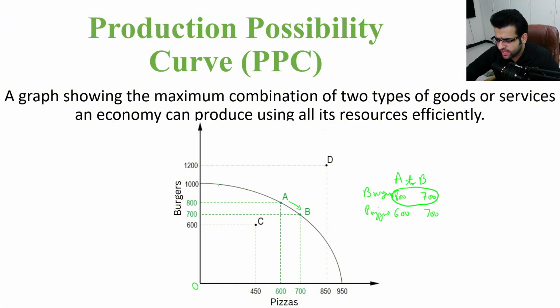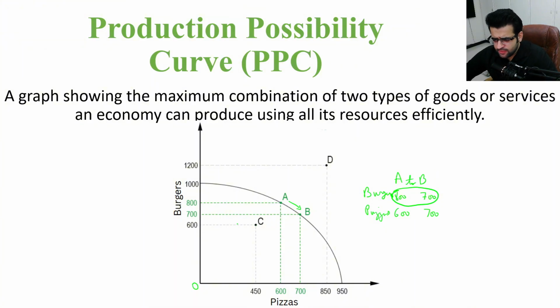Okay, any point on this PPC is efficient. As in, if I take this point, like this would be around 950 burgers and something around 150 to 200 pizzas. This is also an efficient point. So a PPC shows the combination, the maximum combination of two goods that can be produced in an economy. Okay, now, if I produce inside the PPC, let's suppose I produce at point C. What's happening at point C?